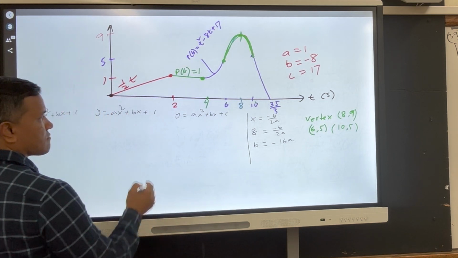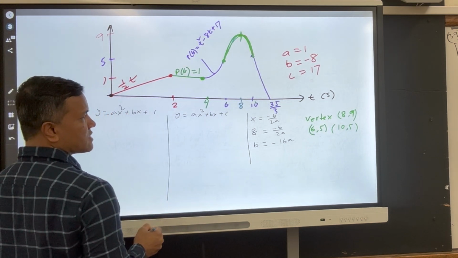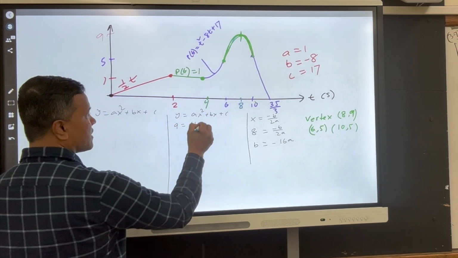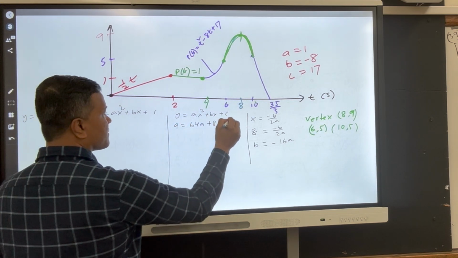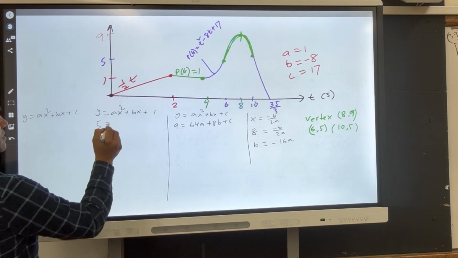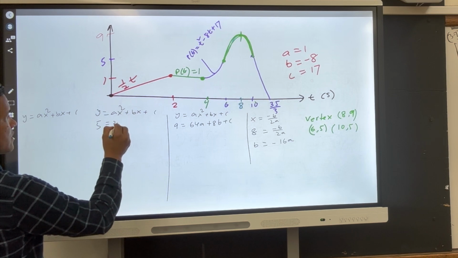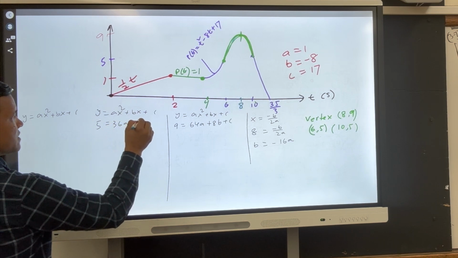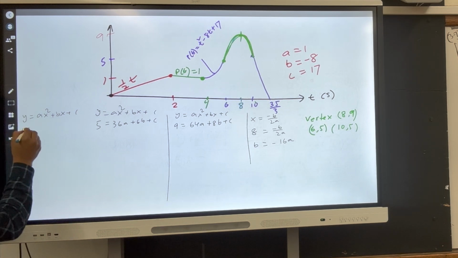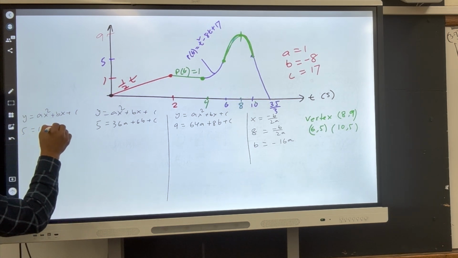What is our vertex? Our vertex is (8, 9). So when y is 9, this is 64a, 8b. When y is 5, this is 36a, 6b. When y is 5, this is 100a, 10b.